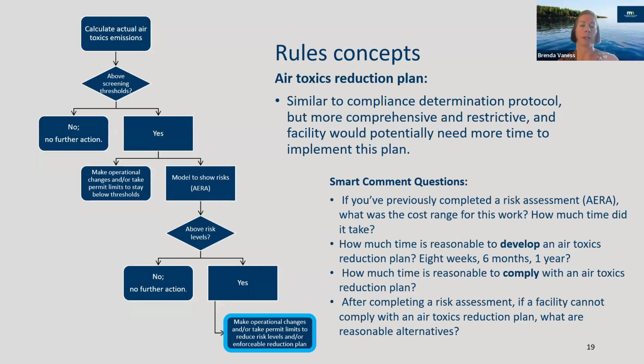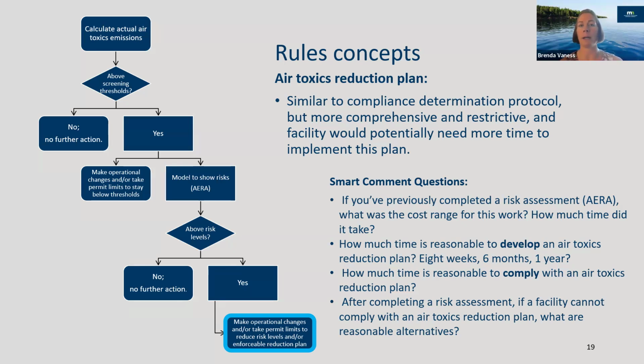However, if a facility is above risk levels, the next step or requirement that we're considering is for the facility to do an air toxics reduction plan. This plan would be similar to a compliance determination protocol, but it would be more comprehensive and restrictive, and the facility would potentially need more time to implement this type of plan.